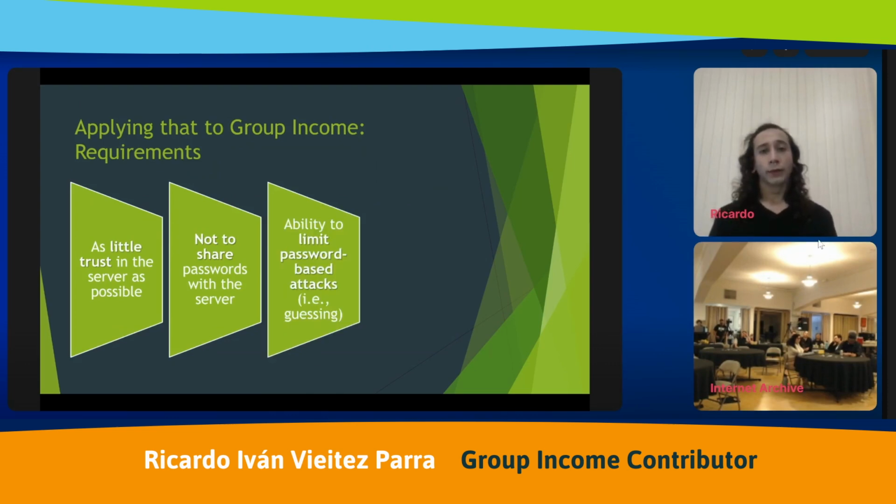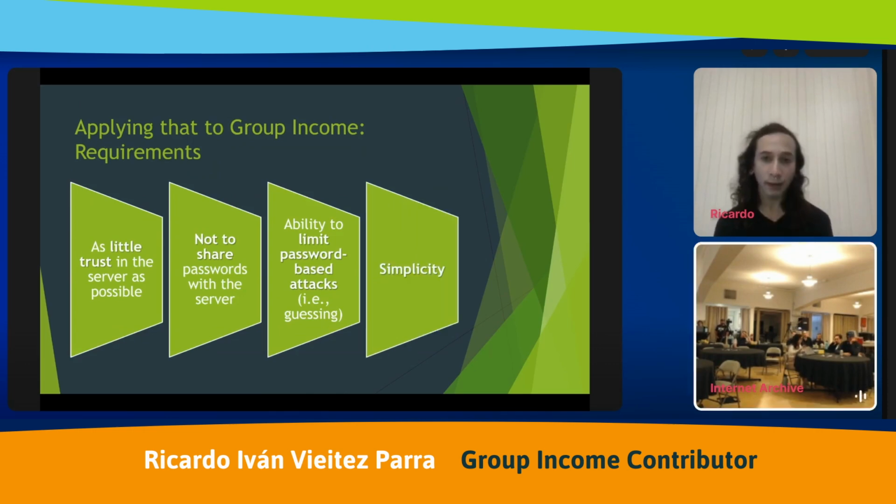We would also like to limit these attacks, like if someone wanted to guess someone's password, we would like to be able to detect that or limit that or in some way have the ability to respond to this sort of attack. And of course, we want something to be as simple as it needs to be, both for the users and for the people implementing the protocol that we will be using.